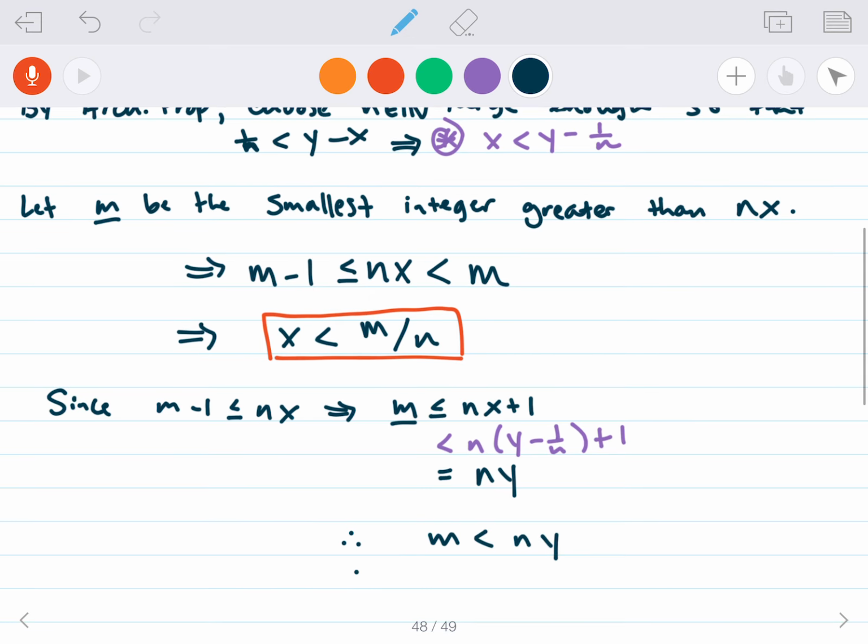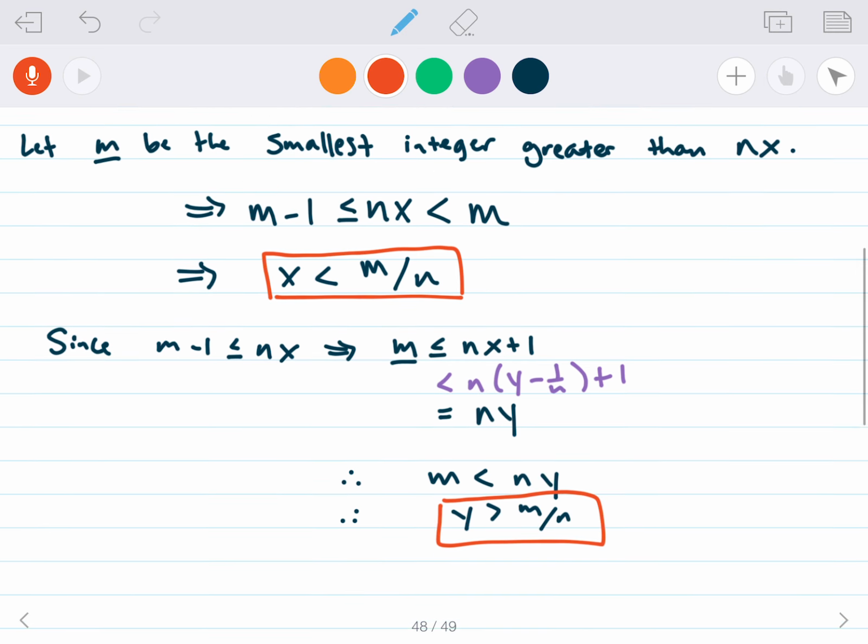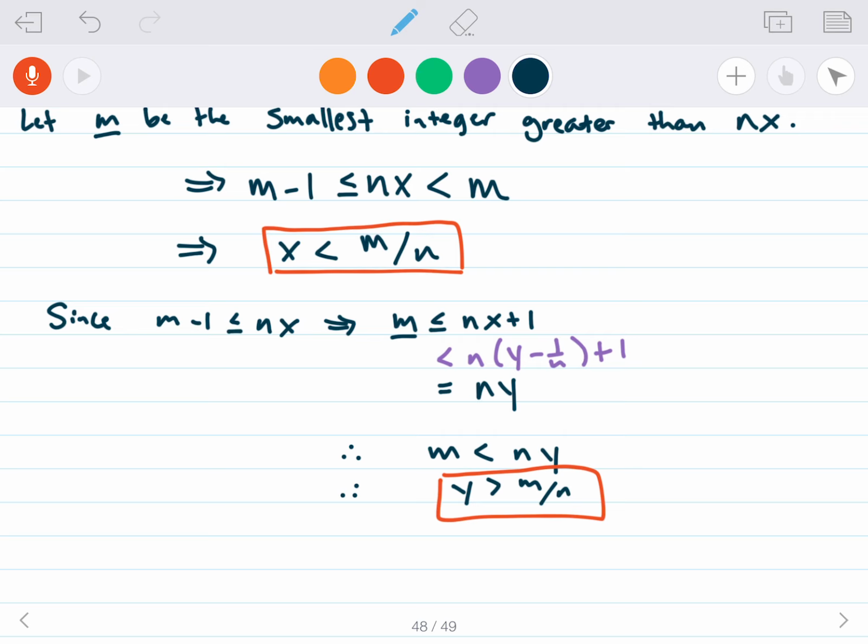And rearranging for y, we get y is greater than m over n. And we're done, okay? Because we have our real number x is less than m over n, where m and n were both assumed to be integers, and y is bigger than m over n. And so we have that x is less than m over n, less than y.